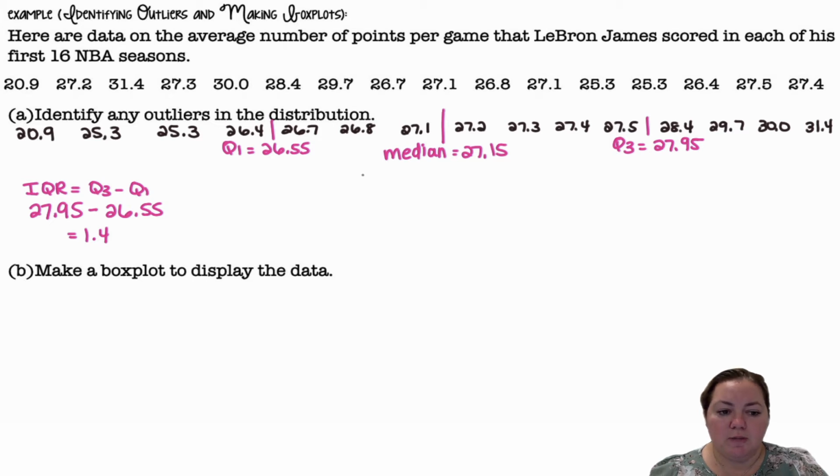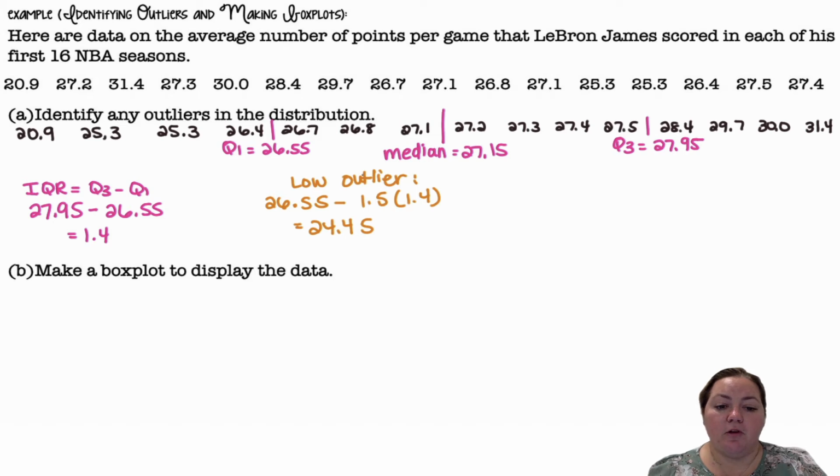For low outliers, I'm going to take quartile 1, 26.55, minus 1.5 times my IQR, 1.4. That works out to be 24.45. So any values below 24.45 are outliers.